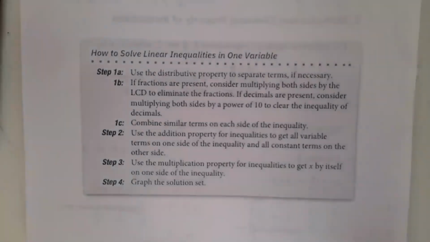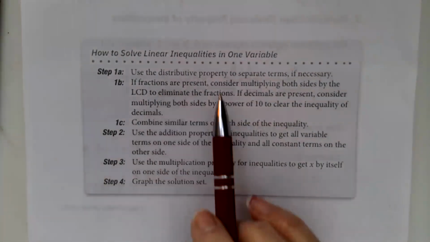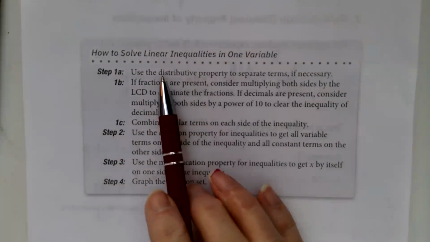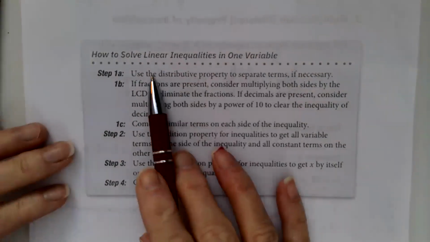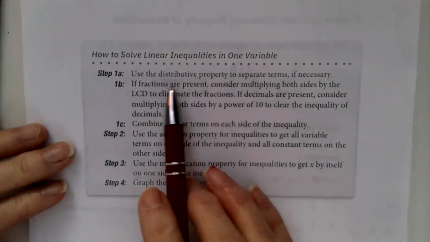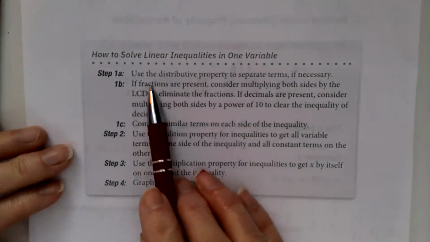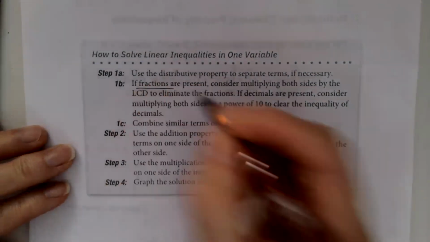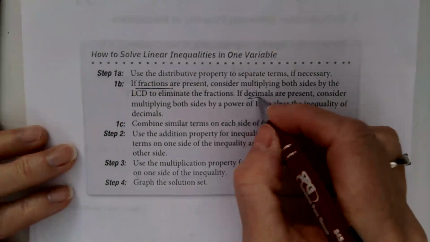Okay. So I've also given you some steps. They're from the book that I just did a screenshot for you. It says how to solve linear inequalities in one variable. So very similar to what we did solving, we're going to use the distributive property first. Then we're going to either multiply through by the LCD if there's fractions, or we're going to multiply by a power of 10 if there's decimals.